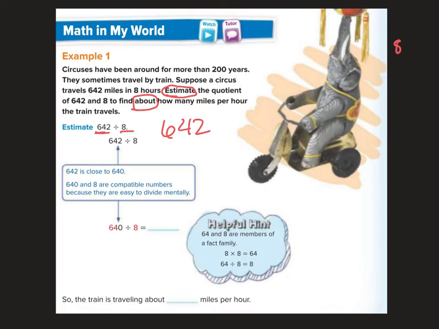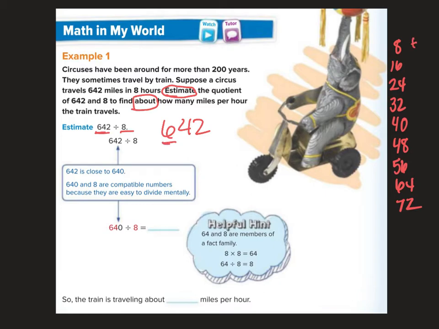So if I think 8, 16, 24, 32, 40, 48, 56, 64, 72. If I'm looking at the multiples of 8, which means count by 8, I'm thinking to myself, okay, I can't get 8 into 6. The lowest I could choose would be 8. That's not going to work.